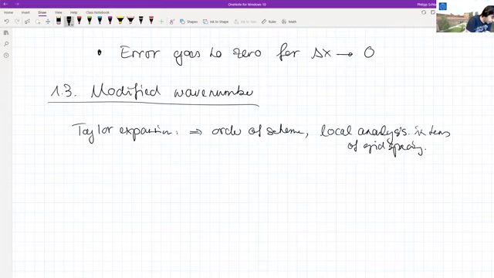But what I would like to show you now with the modified wave number is another way of looking at it. Namely, we would like to look at the effect in frequency space.